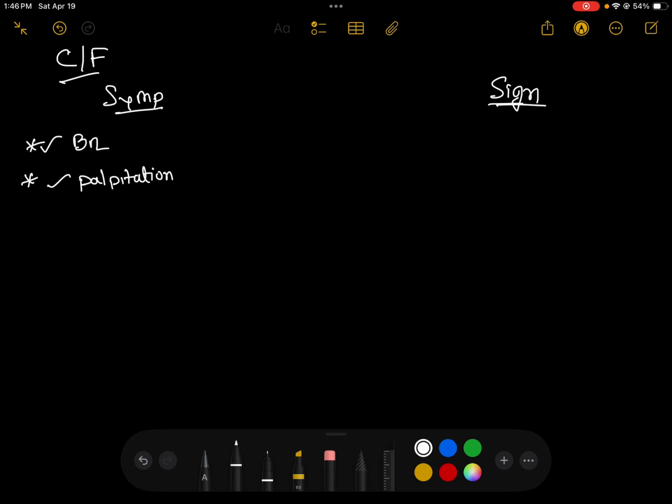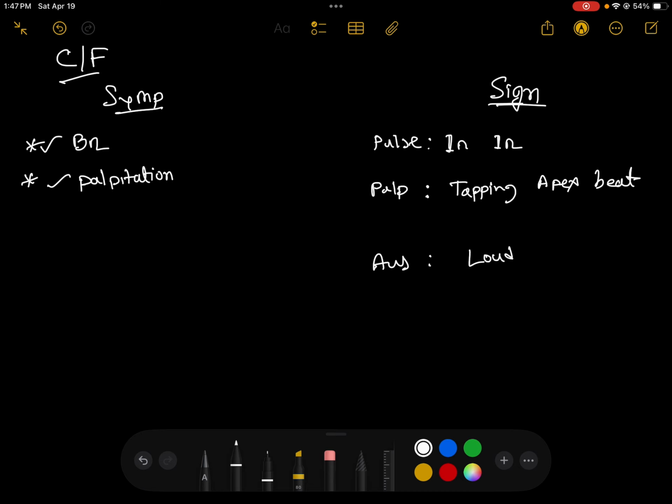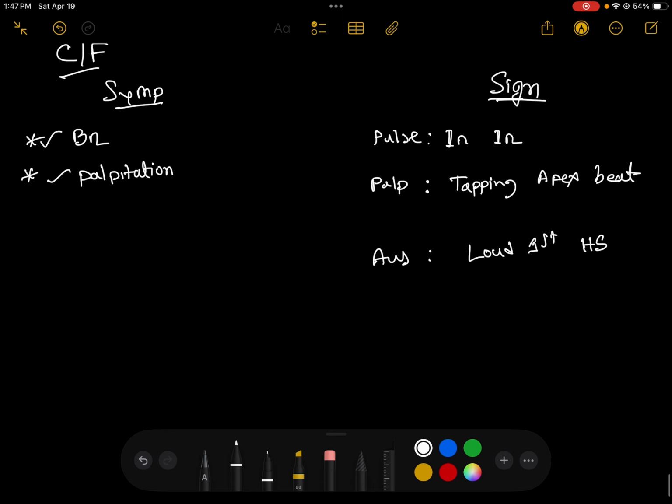And the most important signs are an irregular pulse; then the precordium: palpation of the precordium shows a tapping apex beat, and auscultation shows a loud first heart sound, an opening snap, then a mid diastolic murmur.